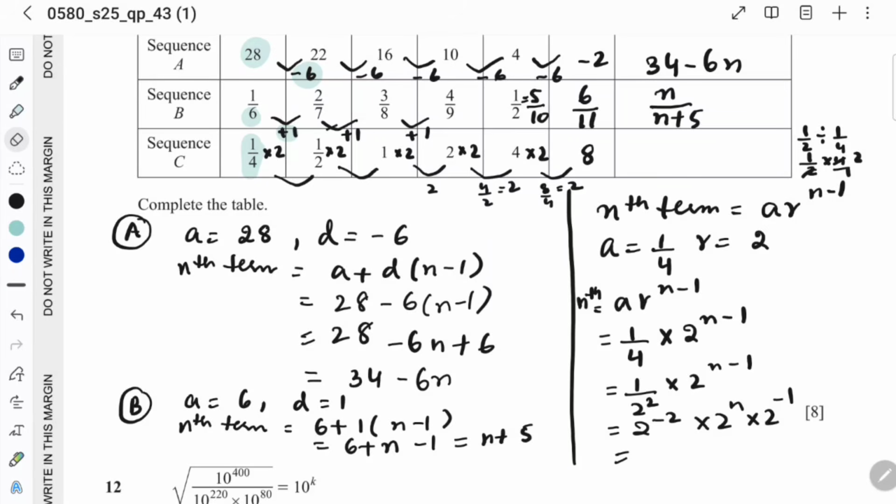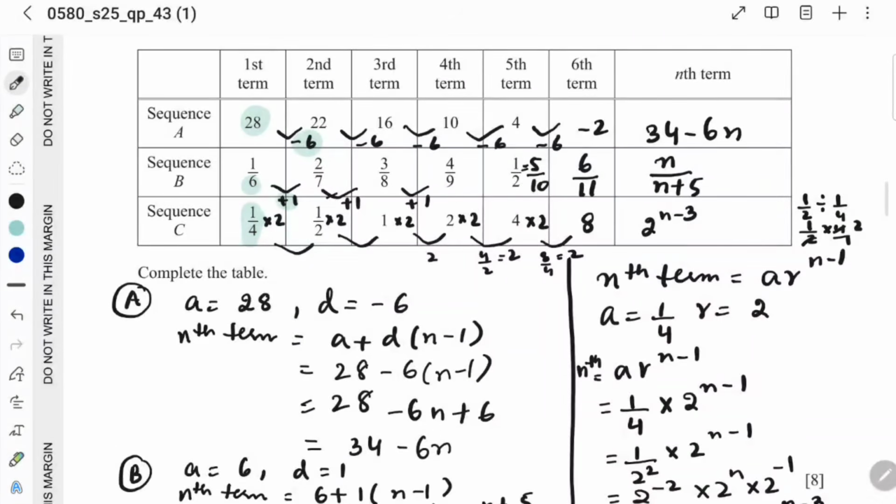I am explaining like this. 2 to the power n is there and 2 to the power minus 3 is there. So you can write down 2 to the power n minus 3, which is your answer. Okay, if I put 3 over there just to find out the third term, 2 to the power 3 minus 3 will be equal to 2 to the power 0, which is 1. Okay, so we have checked it also.